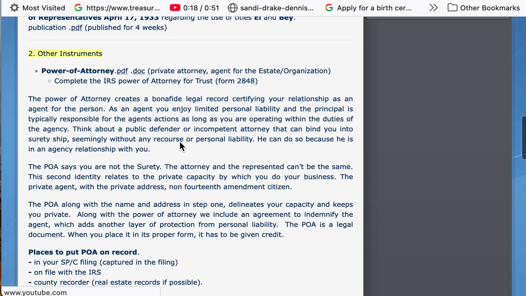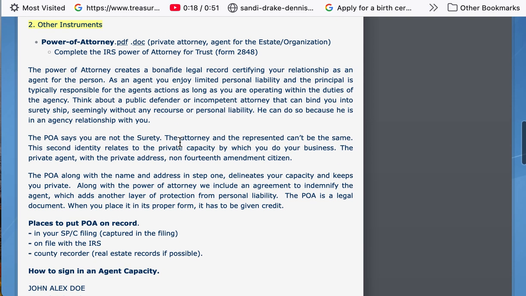And then I want to go back here and just read so we can better understand the power of attorney. The power of attorney creates a bona fide legal record certifying your relationship as an agent for the person. As an agent, you enjoy limited personal liability, and the principal, which is the person, is typically responsible for the agent's actions as long as you, the agent, are operating within the duties of the agency.